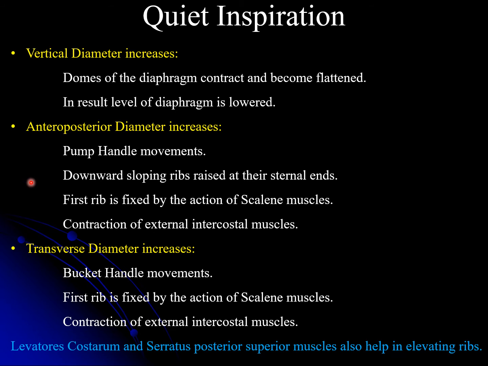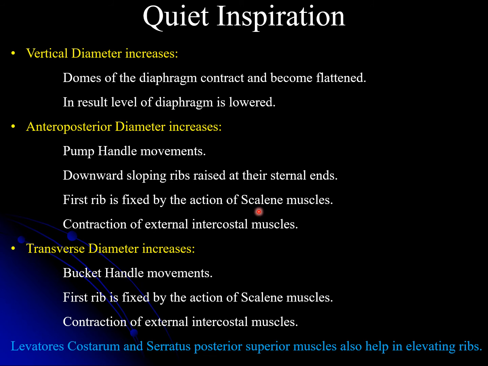In anterior-posterior diameter, we have already discussed that pump handle movements take place. As the pump handle movements are taking place, the downward sloping ribs are raised at their external ends upward. Along with that, the first rib is fixed by the action of the scalene muscles, which we studied in the previous lecture, scalene anterior, posterior, and medius, mainly anterior and medius.